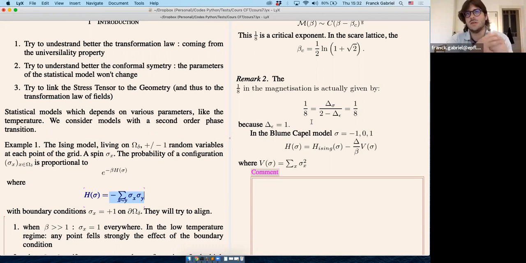You call that scaling local fields. And the conjecture is that all the scaling local fields actually give you all the fields of the CFT, and that you cannot cook up other fields than the ones given by the CFT.